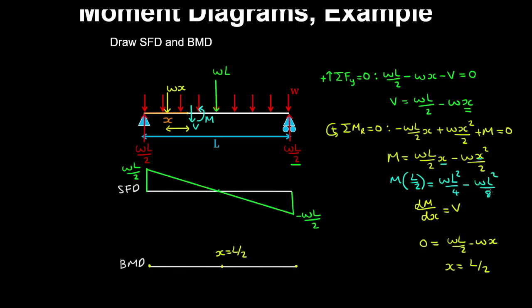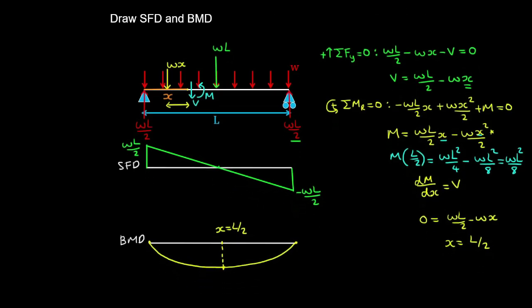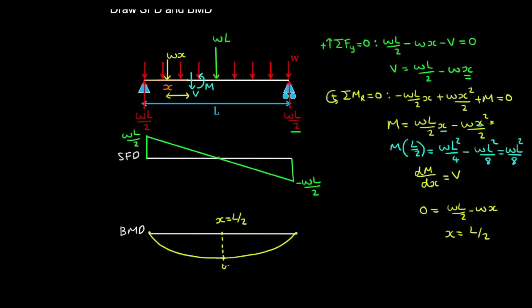Therefore, the maximum bending moment is WL squared on 8 and occurs at midspan. Because of the x squared term, the distribution of the bending moment is parabolic. So it looks something like this, with a maximum of WL squared on 8.